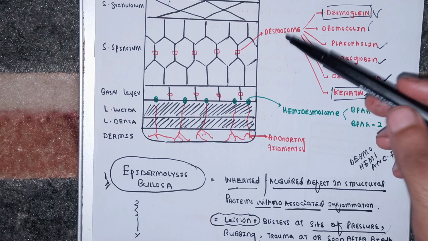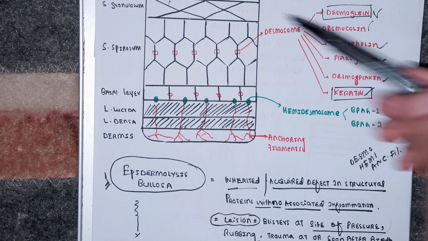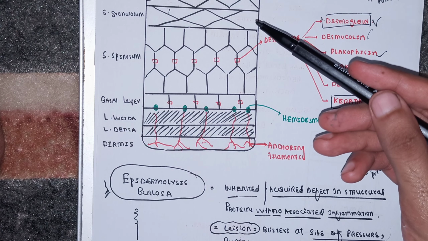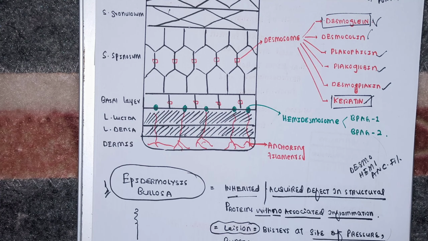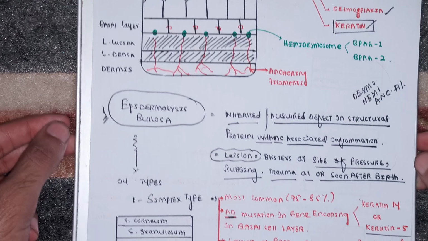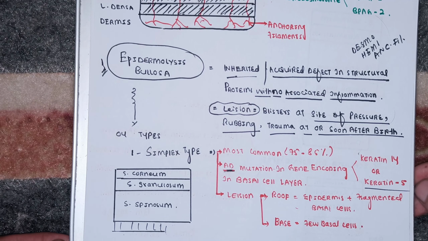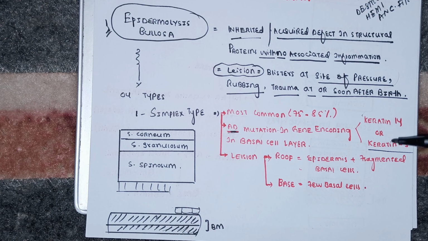And what is this desmosome doing? It connects two cells in all the layers of the epidermis: stratum corneum at the top, stratum granulosum, spinosum and basal layers. So in the simplex type, these keratin proteins are not synthesized because of the gene mutation. Keratin proteins are not produced.